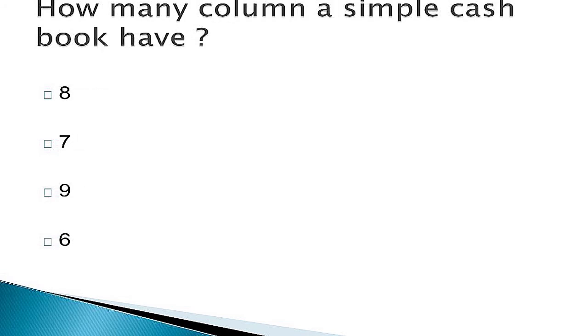Next, how many columns does a simple cash book have? Find out and record that. Date, particulars, folio number, amount, debit side, and credit side. Look at the format and tick the answer.